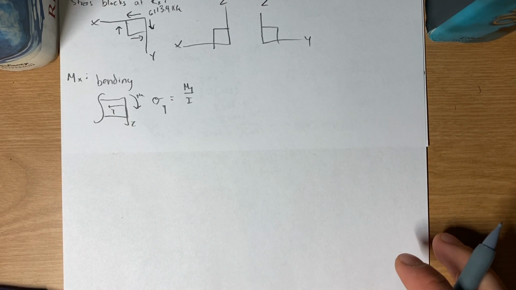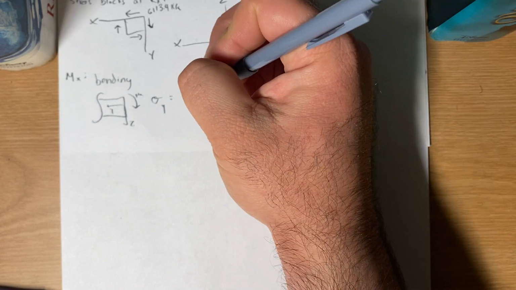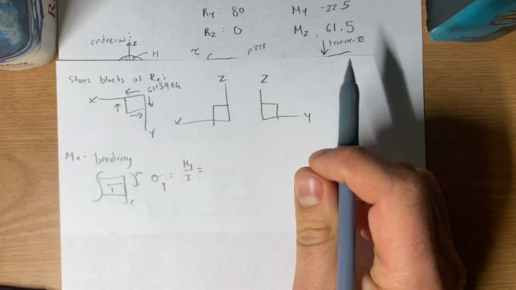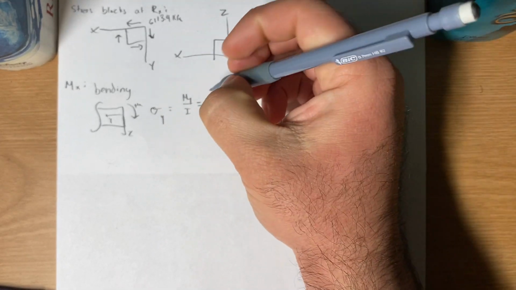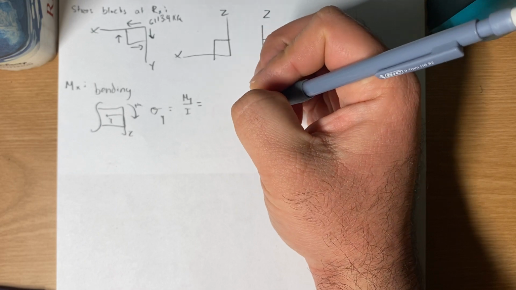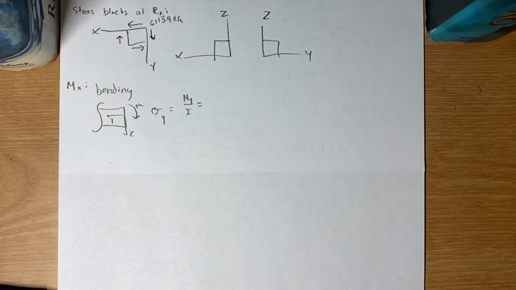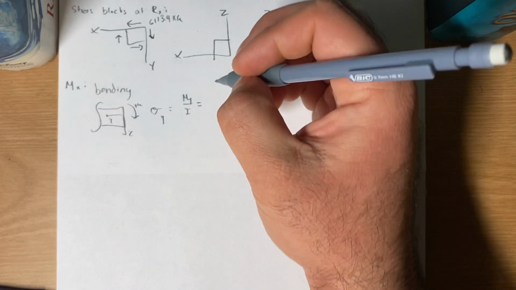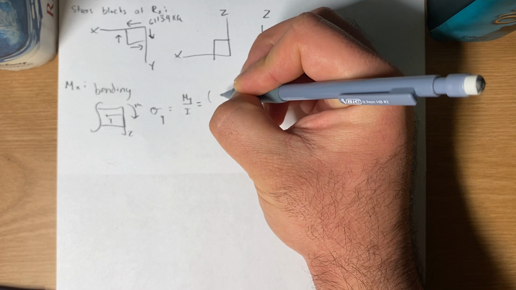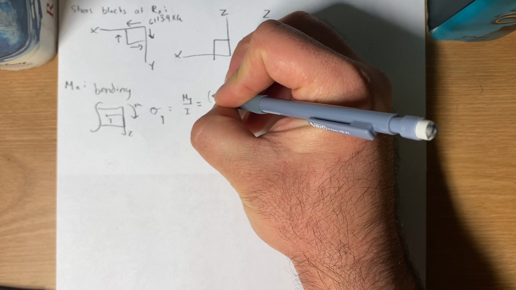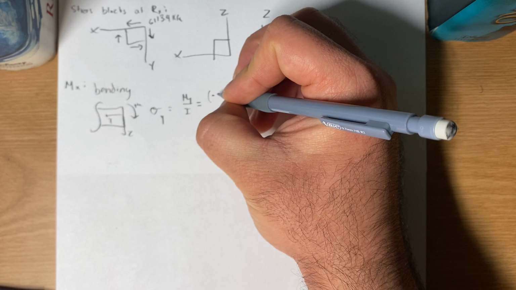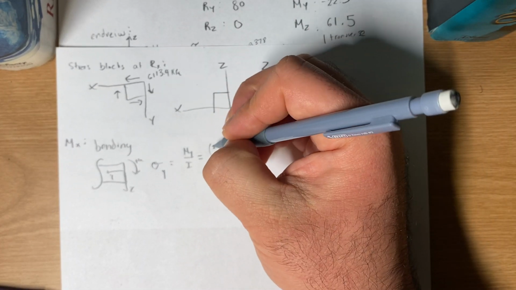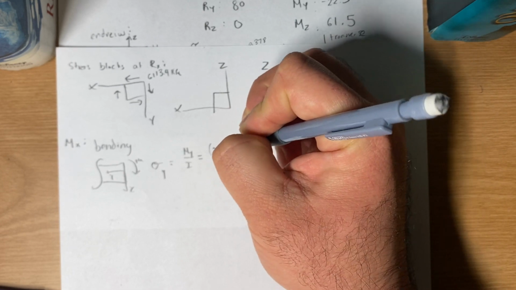So if I plug in my values of my moment, oh sorry, my moment at x, not y, so it's this one, negative 32.5.